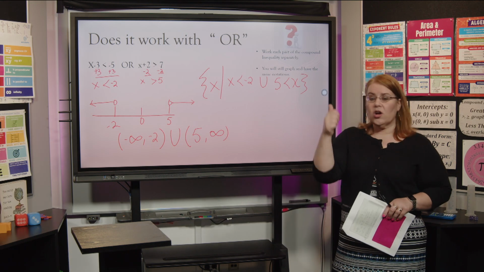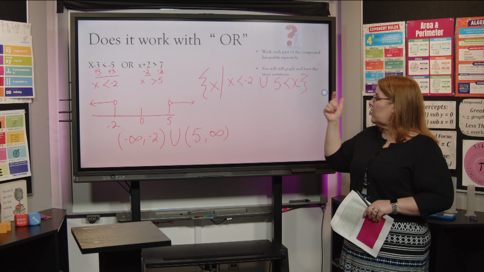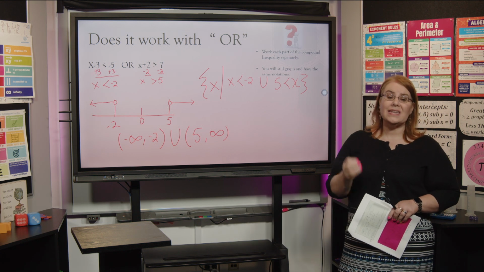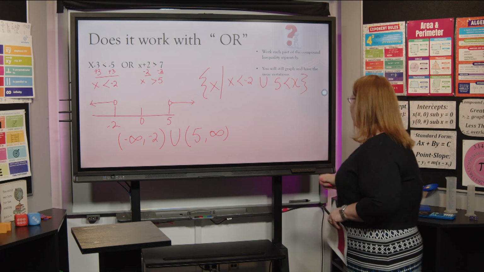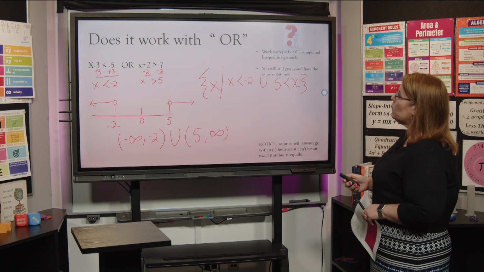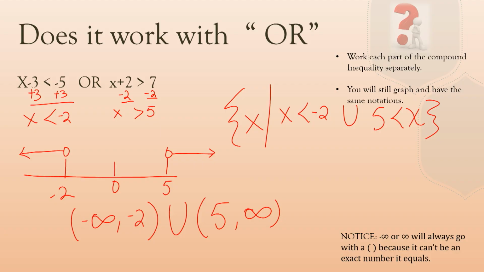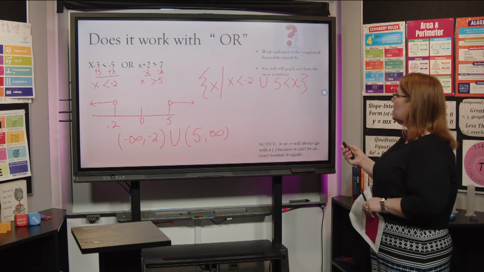So I've graphed it, I've worked it, I have put both of my notations, and they are saying the exact same thing. All right, here we go. Notice my negative and my positive infinities will always go with parentheses because it can't be an exact number. It can never equal infinity. That's just a concept. Good job.